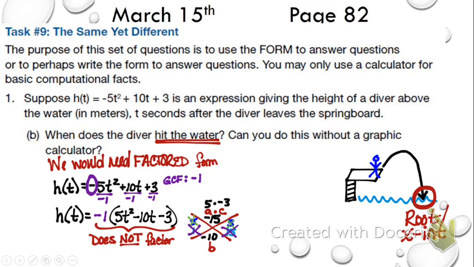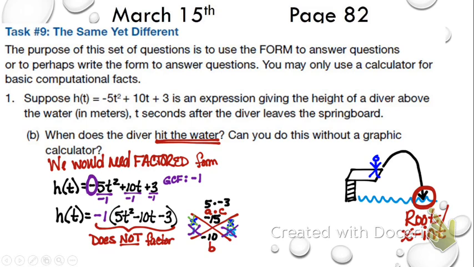That doesn't mean that it doesn't have any roots. We talked yesterday about the situations where I can't have factored form. One is where there's no roots. How do I know this is not one of those situations? Because the diver is going to hit the water at some point, right? What about instead of solving exactly, what could I do if I wanted to try to estimate this?